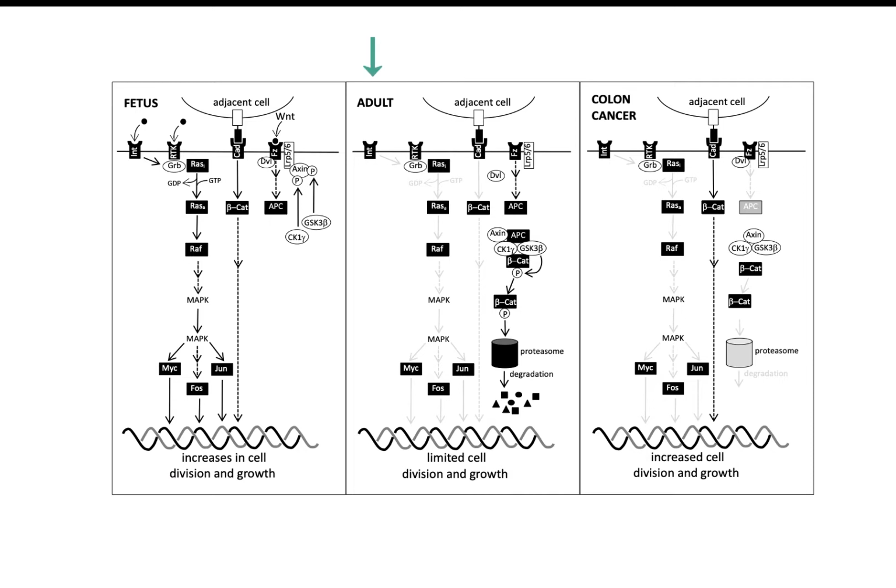In the adult, however, you don't want the cells to divide so often, and you don't want as much growth. And in this case, the APC is activated, and the growth regulators are not activating MYC, JUN, and FOS. But APC is activating other proteins, which then phosphorylate the beta-catenin. The beta-catenin is actually broken down by a proteasome, so it also doesn't activate the gene expression.